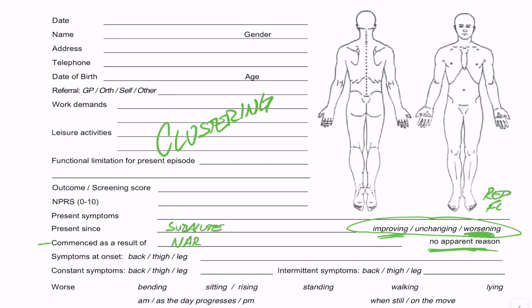If it's started out of the blue and it is worsening with time, your ears should be perked up regarding red flags. But you would also think about things like, well, when we talk about stiffness versus a derangement with directional preference versus more chronic conditions like stenosis, you would have to think, okay, well, why would this just start all of a sudden out of the blue and just progressively worsen quickly?